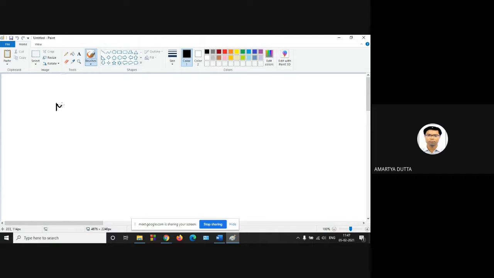Let this be your vertex M, and this is your vertex R, then N, and let this be Q and P. Okay, so this is your graph. The graph is given to you.